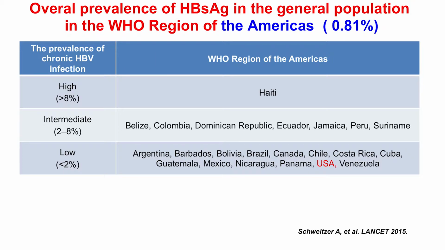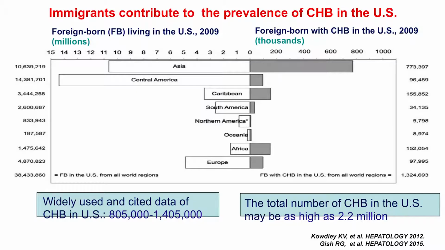But there are a few countries like Haiti with higher prevalence of surface antigen, and most of them have intermediate and low prevalence of hepatitis B, like the United States, Canada, and some other North and South American countries. However, in the United States, immigration causes some increase in the prevalence of hepatitis B.